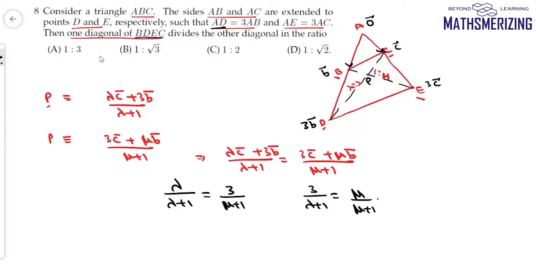So from the symmetry of the problem, I can say this lambda must be equal to mu. So we'll consider lambda and mu equal. Then I'll get lambda upon lambda plus 1 equals 3 upon lambda plus 1. So that means the value of lambda is equal to the value of mu, and this is equal to 3. So these diagonals will divide each other in the ratio 1:3 or 3:1. That's your option number A.